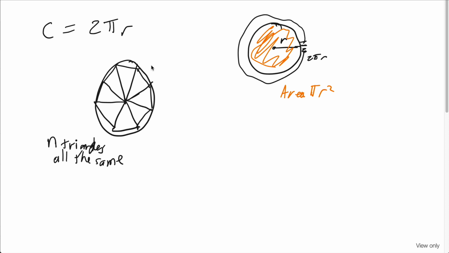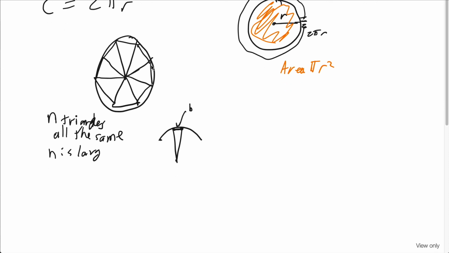Okay, and n is large, which means I'm going to have lots and lots of triangles, and that means that the base here is almost the circumference divided by n. You have n little segments going around. Their sum will be how we measure the circumference. Basically, there's n of them. So one of these guys has just c over n.